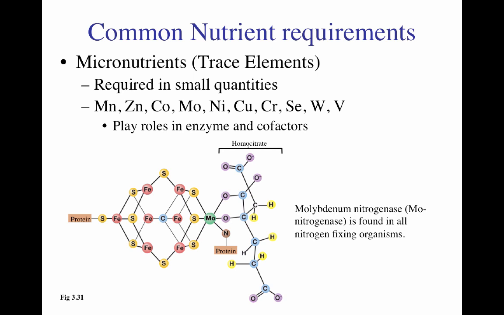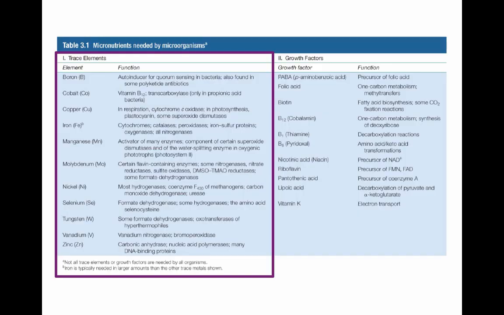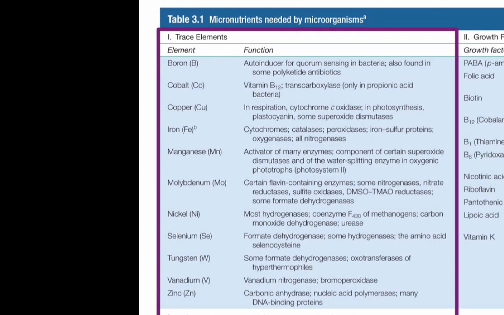So this is just to give you an example of one of the ways in which these micronutrients form part of enzymes and cofactors that are required for the microorganism's biosynthesis. Now, table 3.1 shows you some of these other molecules, and I want you to take a good look at where some of these ions and elements are used.